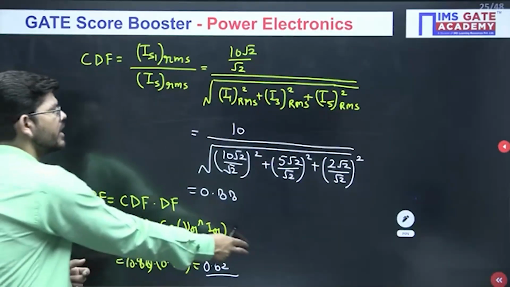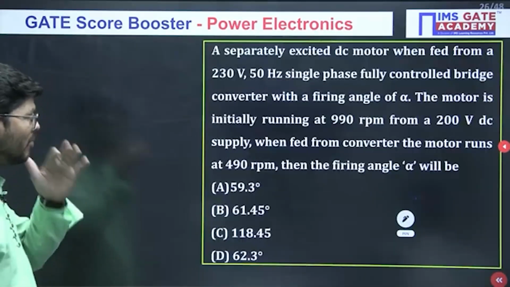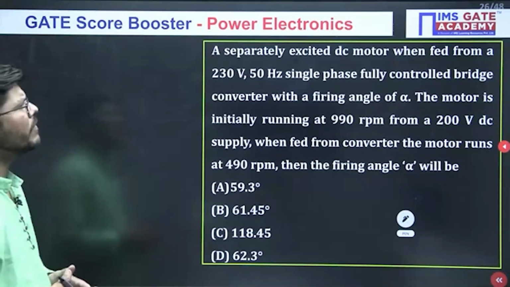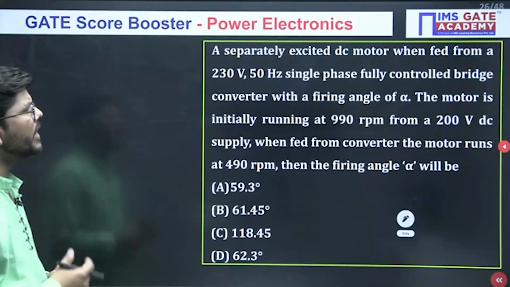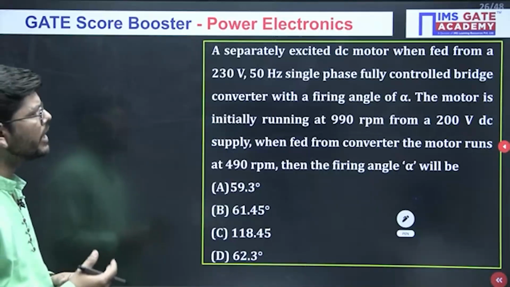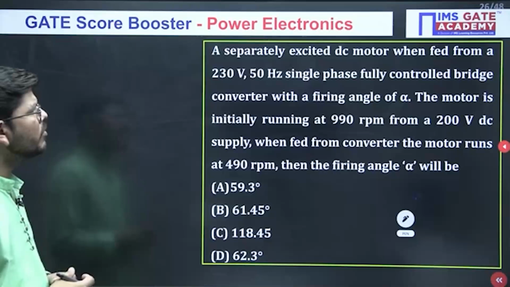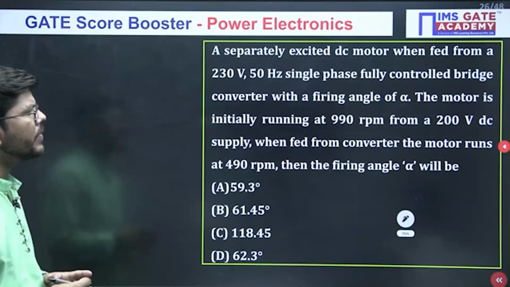Power calculation in rectifiers. Now moving towards the next question. A separately excited DC motor is fed from a 230 volt, 50 Hz single phase fully controlled bridge converter with a firing angle of alpha. The motor is initially running at 990 rpm from a 200 volt DC.